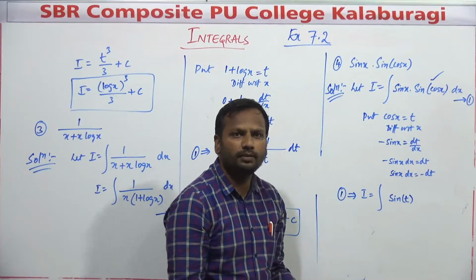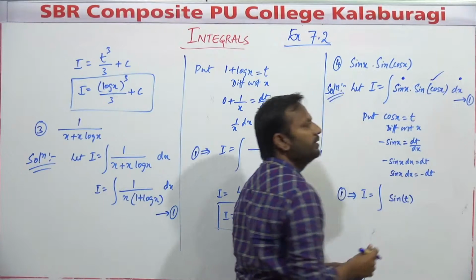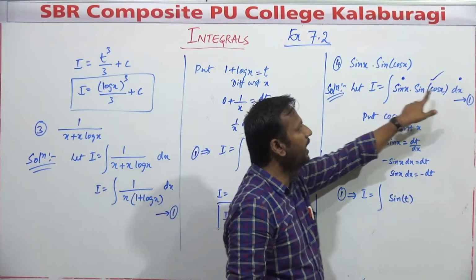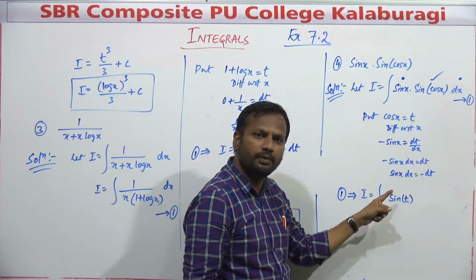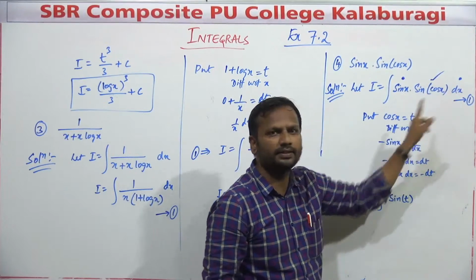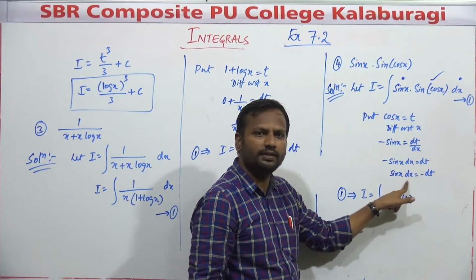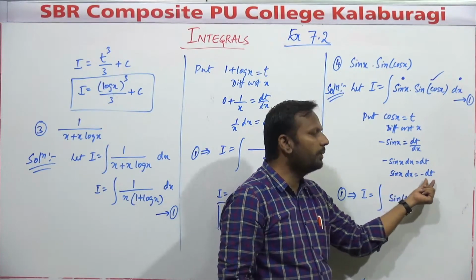What are the remaining terms? Sin x and dx are the remaining terms. Are those the differentiable factors? Yes. Sin x dx is the differentiable factor. So what do I have to replace it with?